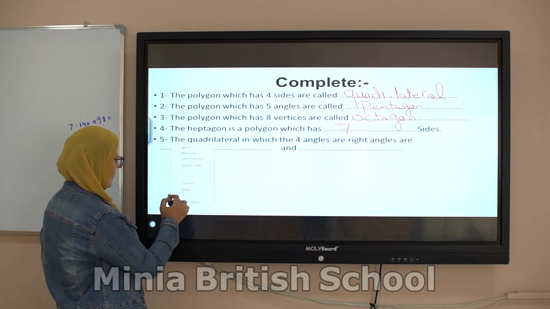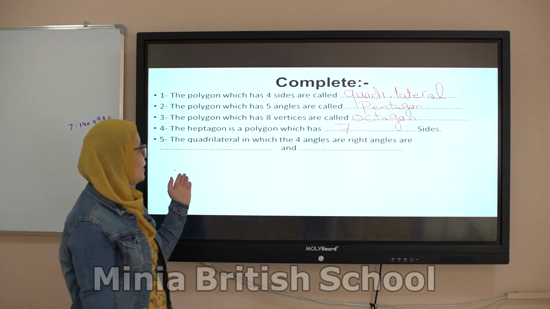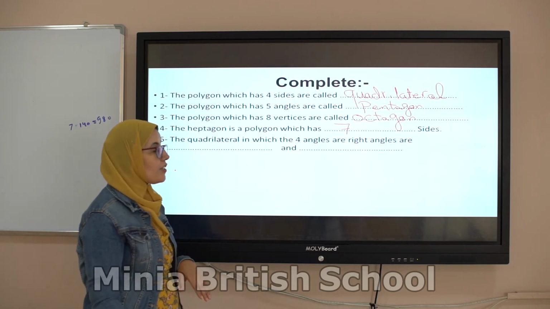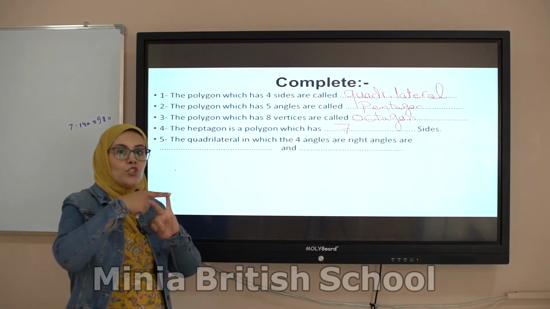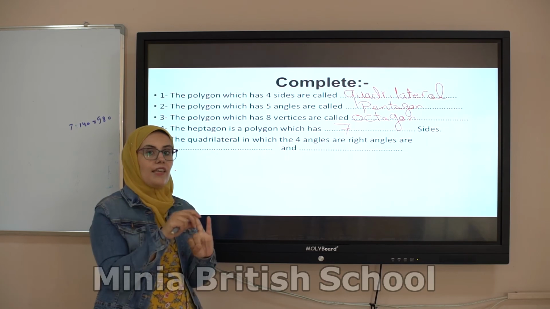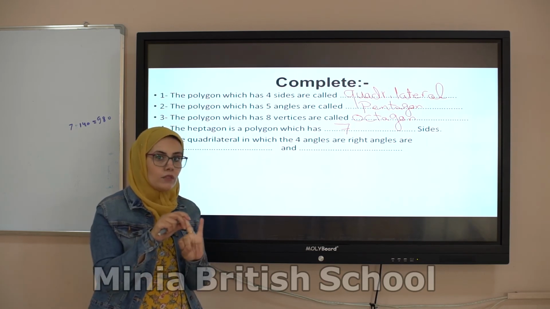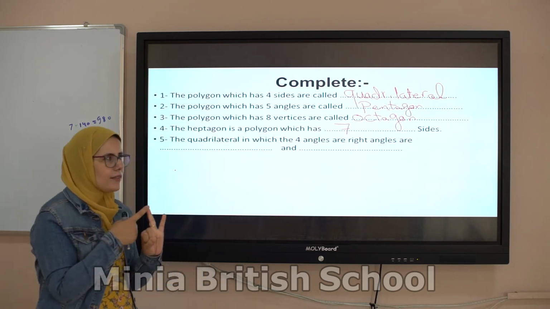Let's see the next one. The quadrilateral in which the 4 angles are right angles is what? We said before, we have 2 shapes, both of them have 4 right angles. Who can remember what and what? Yes, I can remember now.